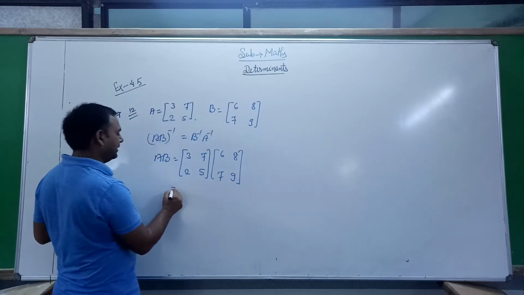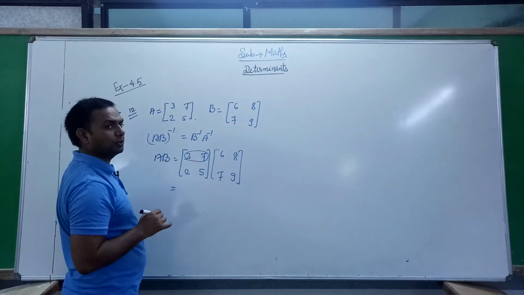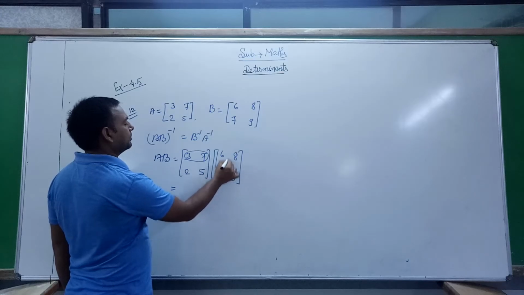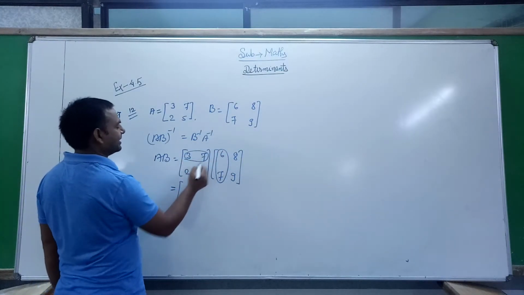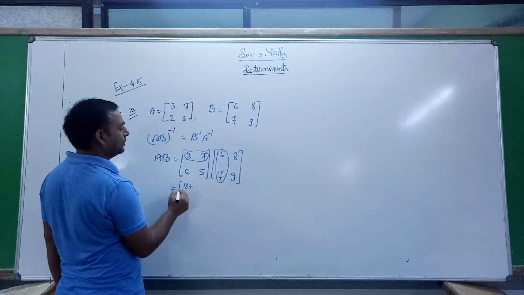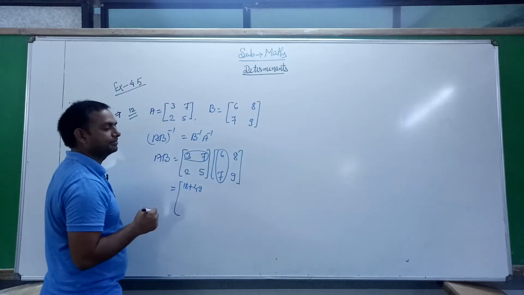You just find the AB. Then I take the first row and the first column, that is an element. So here you see that 3 6s are 18 plus 7 7s are 49.